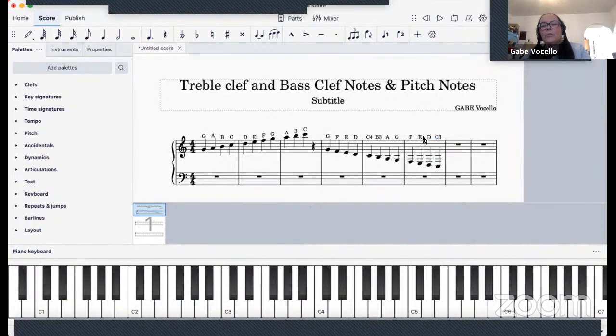So all those notes here are under the C of this octave, C3. So C3, D3, E3, F3, G3, A3, and B3, C4, D4, E4, F4, G4, A4, B4, and C5. D5, E5, F5, G5, A5, B5, and C6.